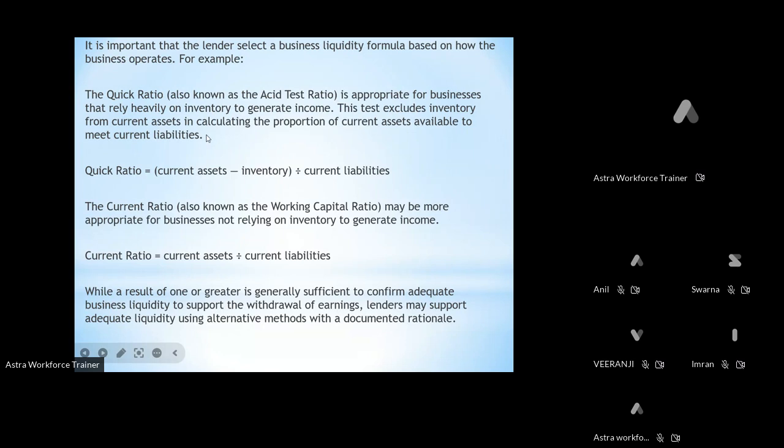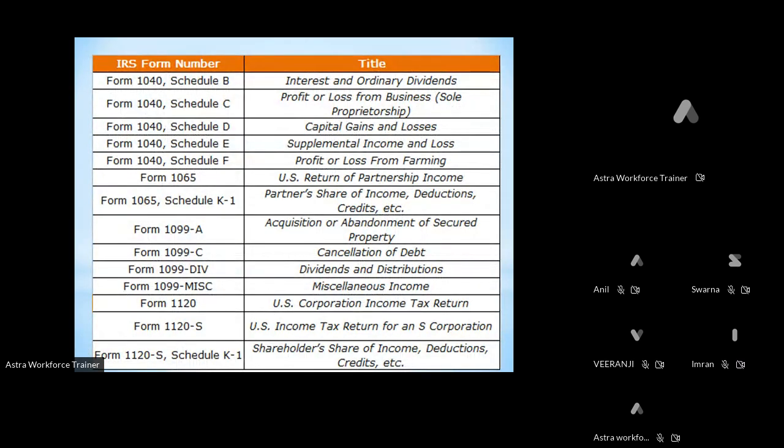Okay, now these are the form numbers and titles. You can take a screenshot, or note it down if you want. We'll be seeing all the forms: Schedules B, C, D, E, F, and the 1065. I think we already discussed, right? The 1099 and the 1099 dividend income.